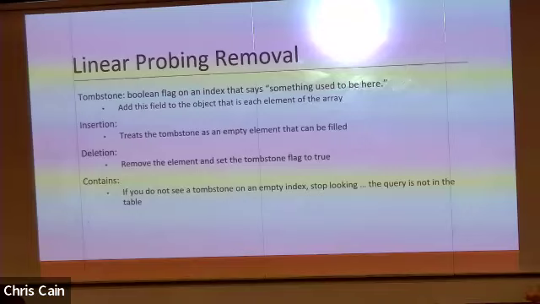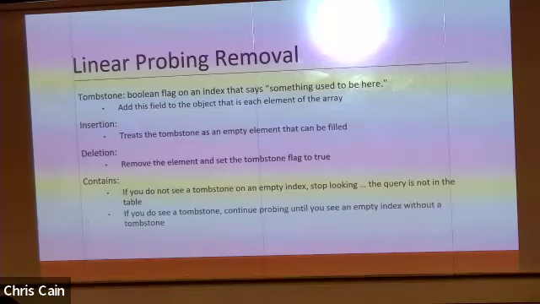So it can't be in the rest of the array. However, if it is there, then we do still have to keep looking. So this is the equivalent of just an element that doesn't match the query. You have to keep looking. Questions on any of this so far?